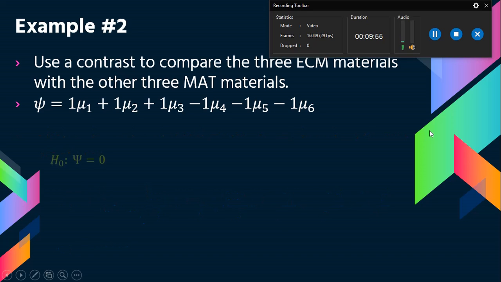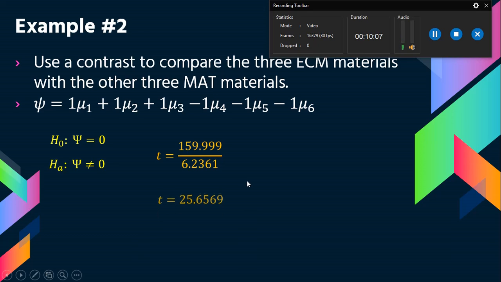Moving forward, so essentially we're testing that psi is either 0 or it's not. I'm going to sub in the contrast value and the standard error. And I do have a large t statistic. Remember, we're doing a t-CDF on the calculator.